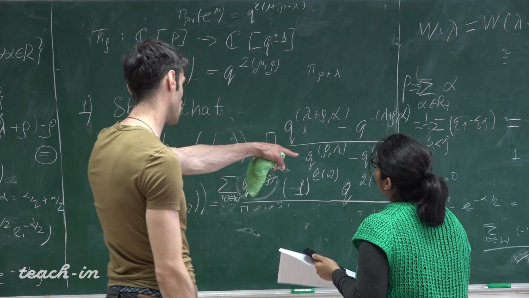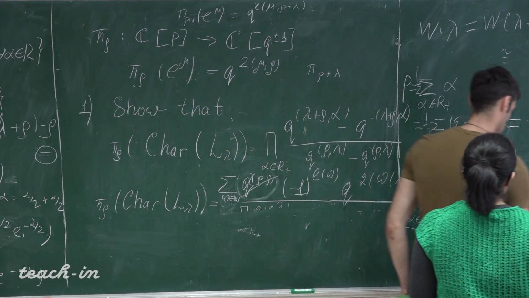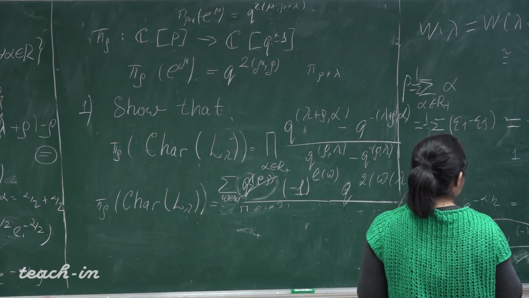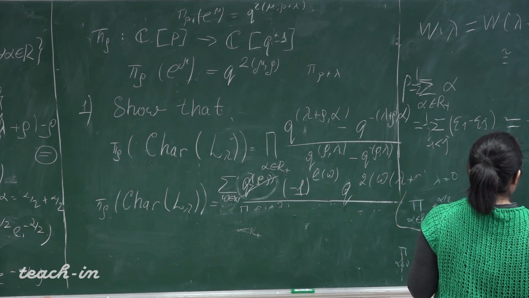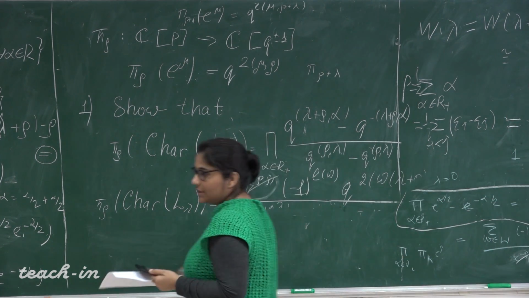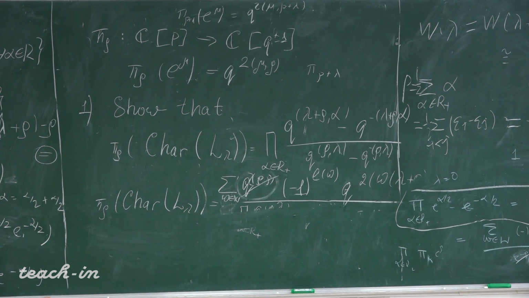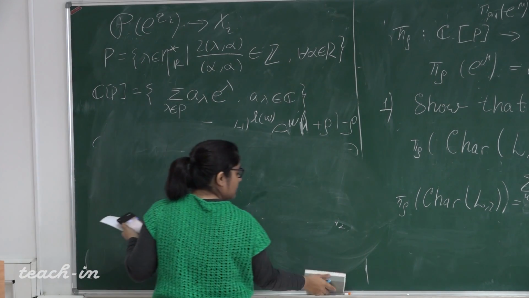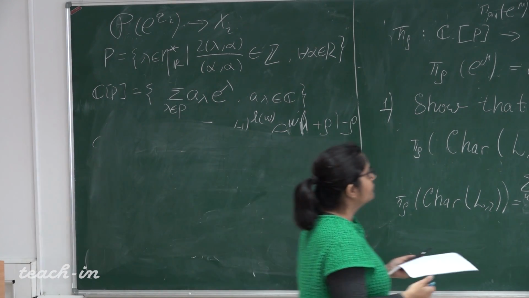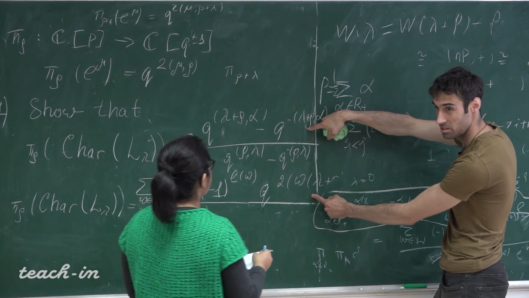So just apply it to both sides of this Weyl denominator formula. And you will get that the numerator of what we got is exactly what's written here. The only thing that is needed is that this equals this. That's the only thing that we are missing.